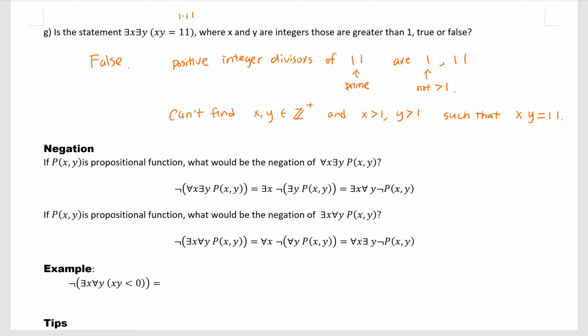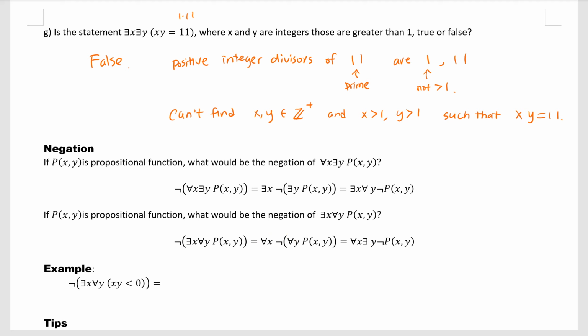It flips the for all to there exists, and it changes the there exists to for all, and then you still have the not P. And the negation of there exists, for all: it changes there exists to for all, and for all to there exists. And then we also have the not P.